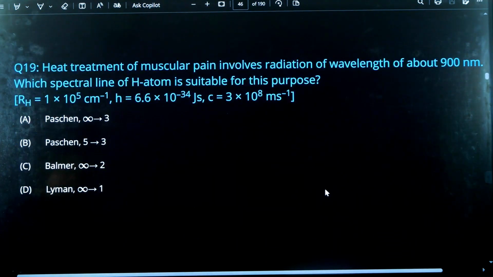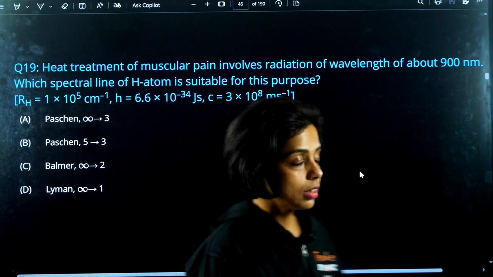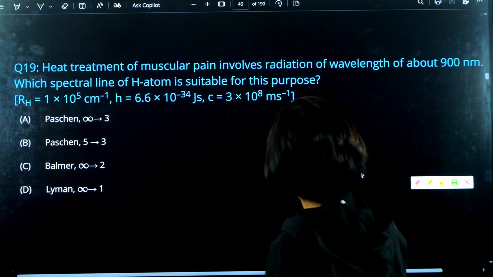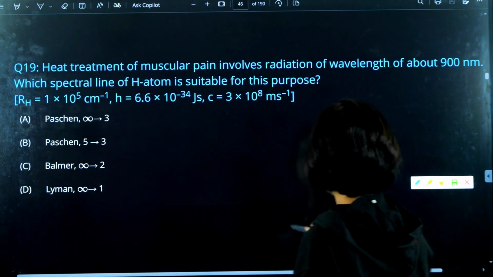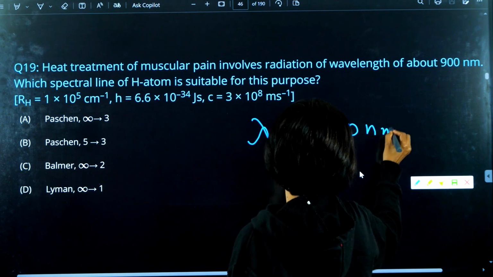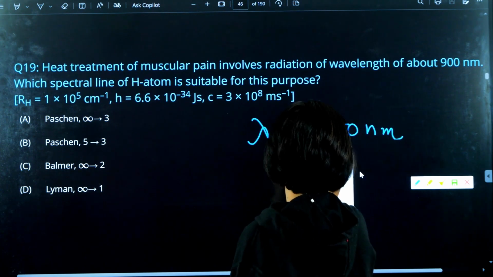Okay, next question. Heat treatment of muscular pain involves radiation of wavelength 900 nanometers.